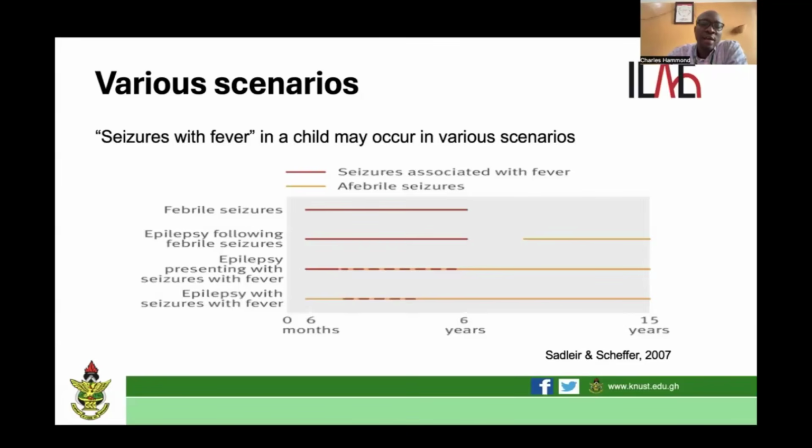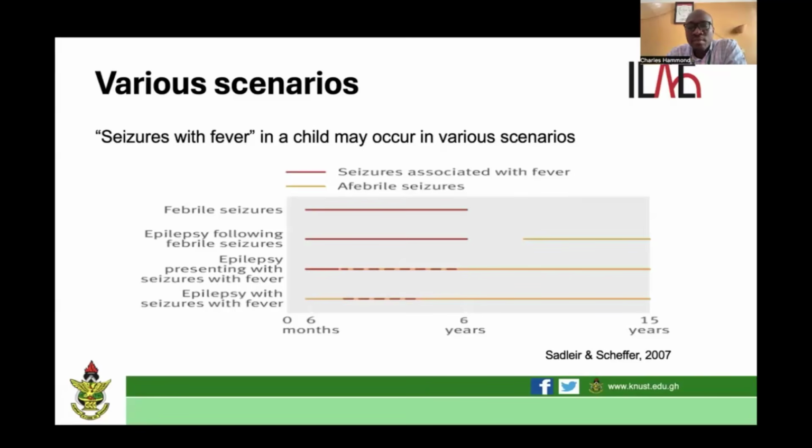Then those who will have epilepsy but present in the first few months with febrile seizures, and then they may have afebrile seizures in between. But beyond 6 years, they don't have febrile seizures. Then we have those who will also have first afebrile seizures, and these seizures are triggered by fever.